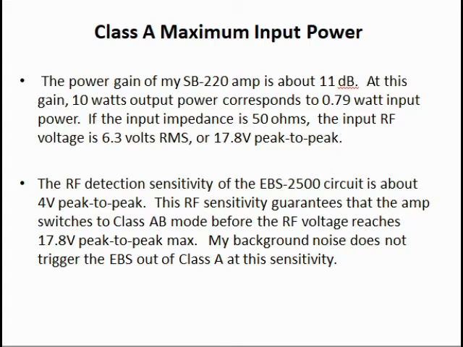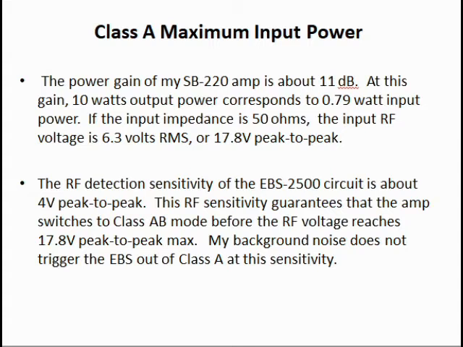This is kind of typical of most circuits out there. The RF sensitivity guarantees that it will switch to AB mode before the RF voltage reaches the 17.8 volts peak-to-peak max, which we definitely don't want to exceed, but we can go into Class AB before this.